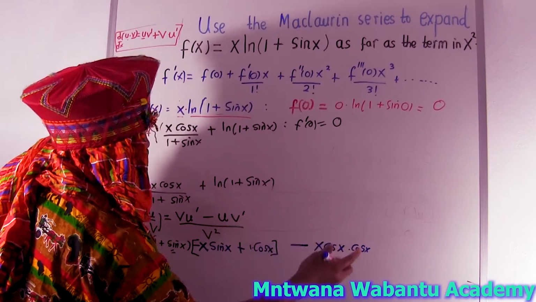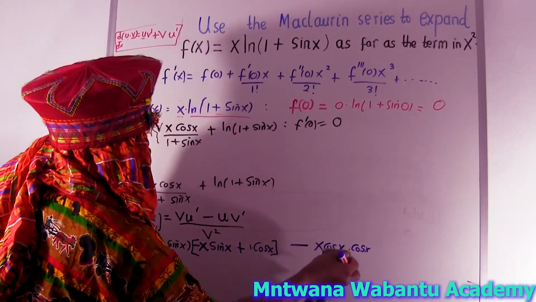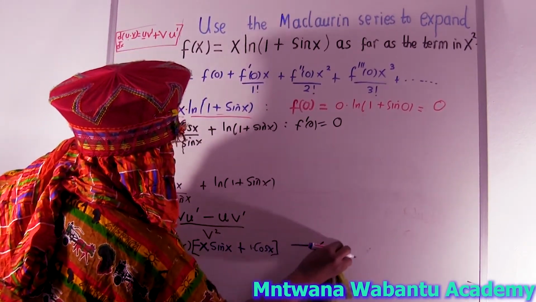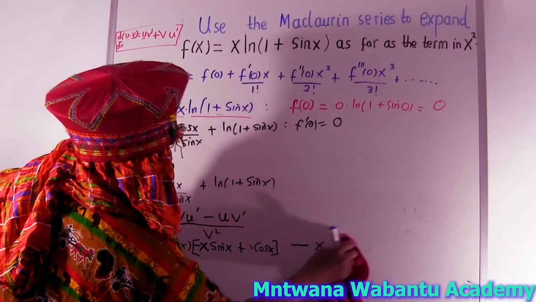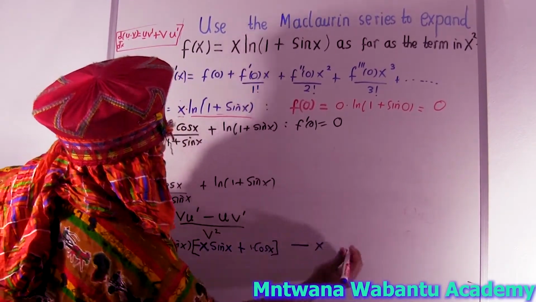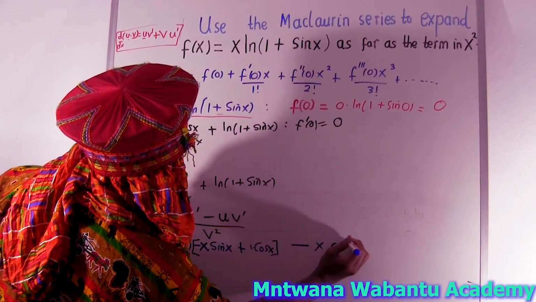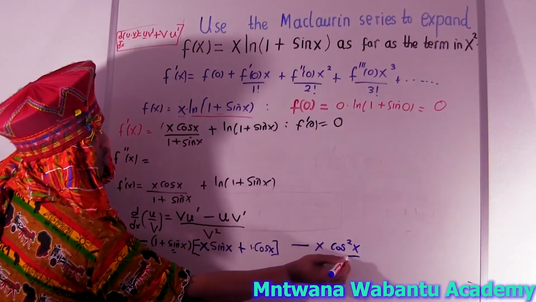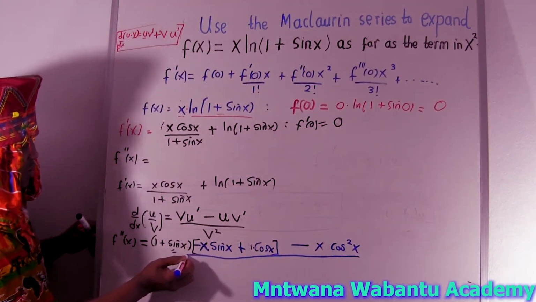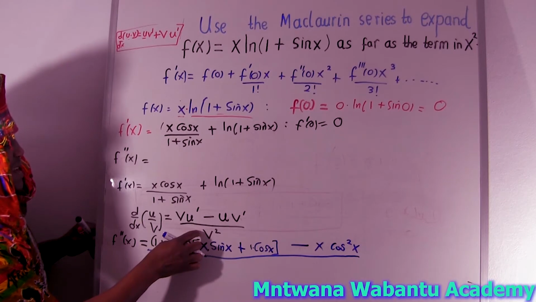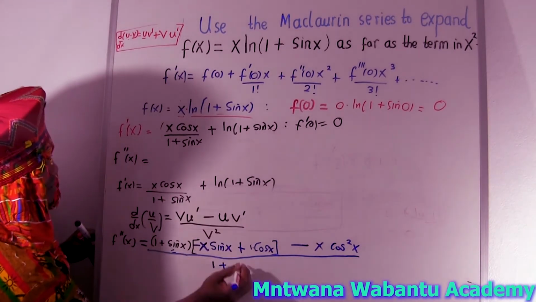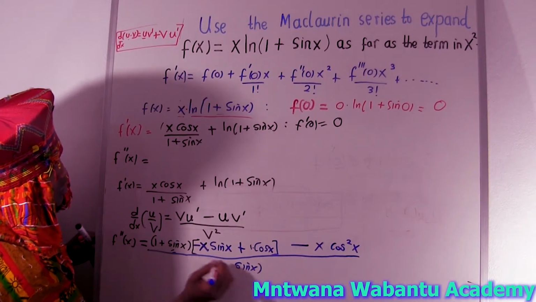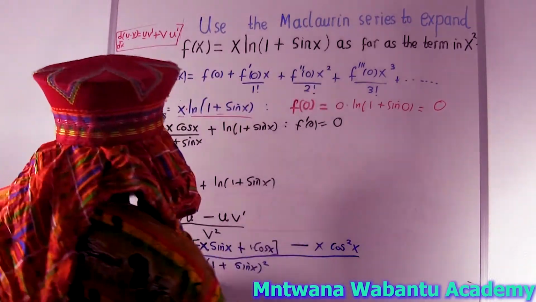So cos times cos is cos square x. So you end up with cos square x, and then over, since it's the quotient, you must square the denominator, 1 plus sin of x, squared.